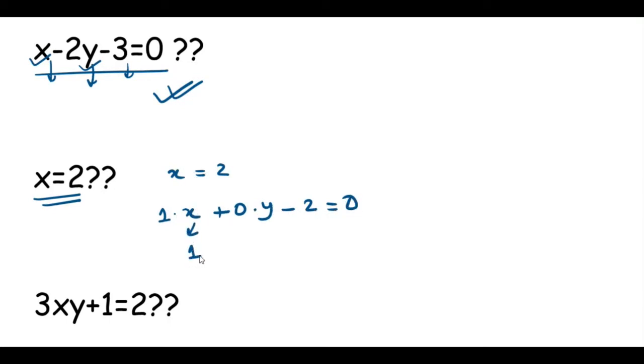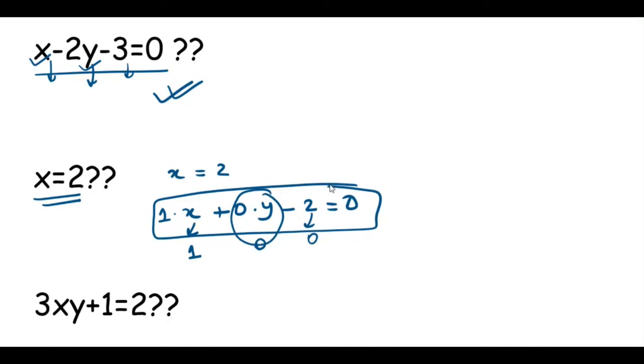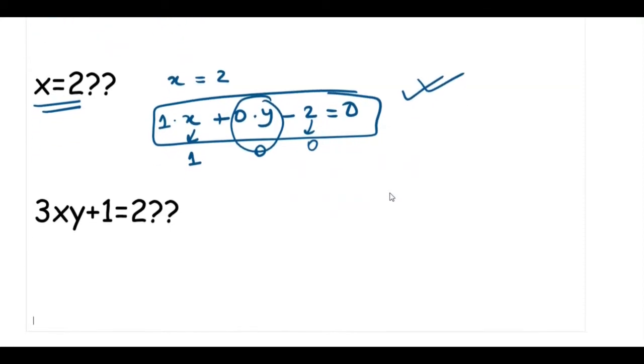Now the degree of x is 1, the degree of y is 0 as the y term is absent, and the degree of the constant is again 0. That's why this is an equation in two variables, and it is also linear because we can write it in the form of 1 times x plus 0 times y minus 2. Hence it is a linear equation in two variables.